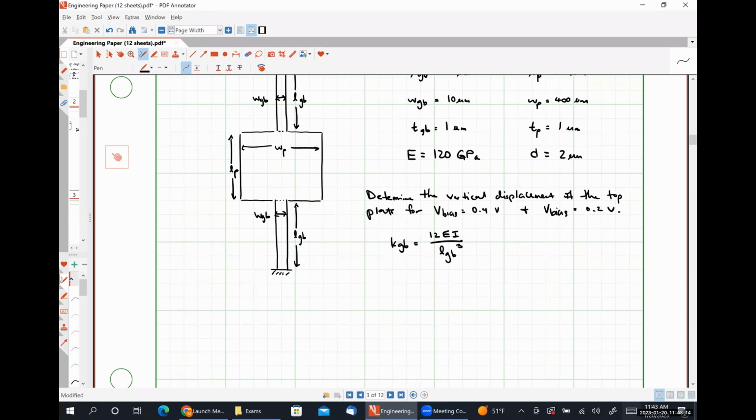Since we are assuming bending in the thickness direction, I is going to be W times thickness cubed over 12. So the 12s are going to cancel each other out, and we're left with E WGB TGB cubed over LGB cubed.